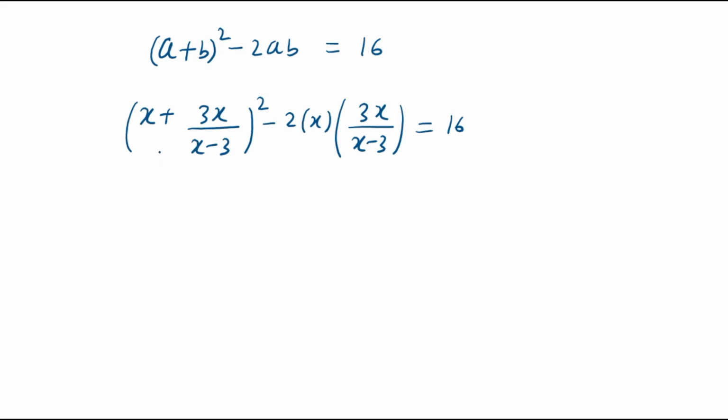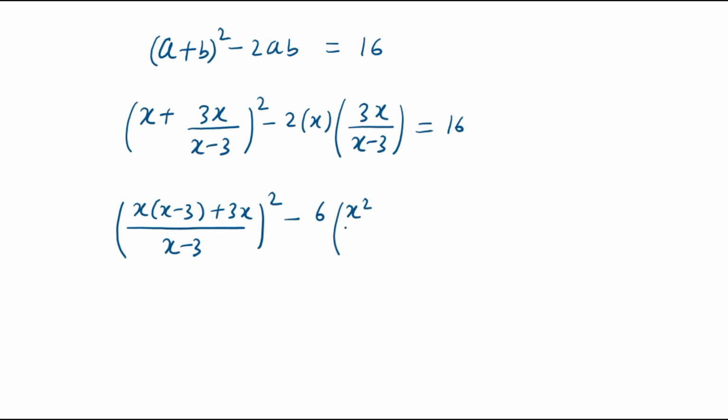Now the common denominator is x − 3, and in the numerator (x(x−3) + 3x)² minus 2 times 3 is 6, x times x is x², divided by x − 3, equals 16.